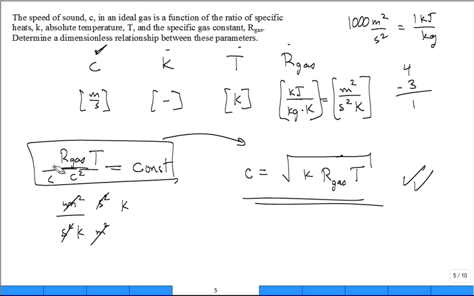Because k is dimensionless, it doesn't force it to be anywhere, right? But we'll put it right there. Okay. And in this case that constant is just 1, but there you go. All right, ready to move on?